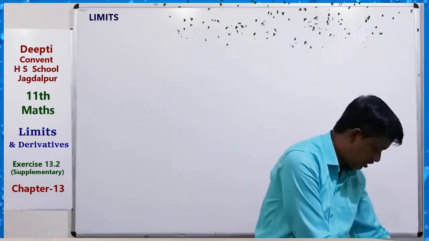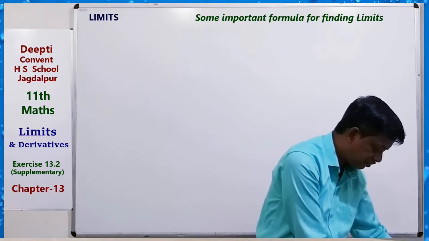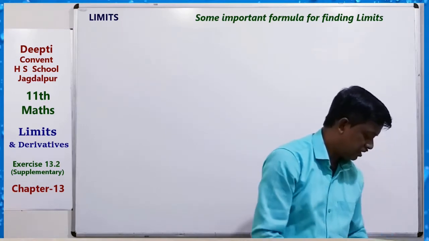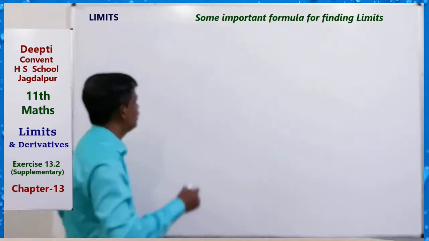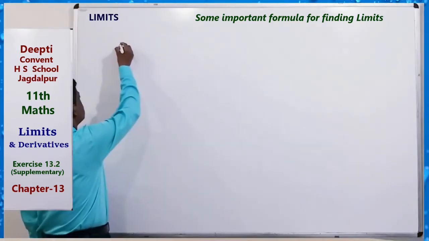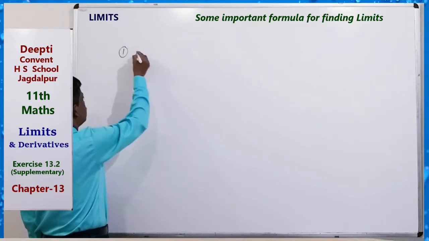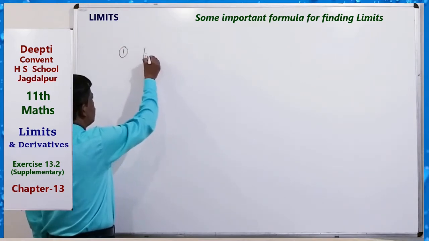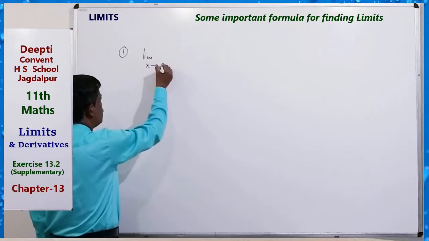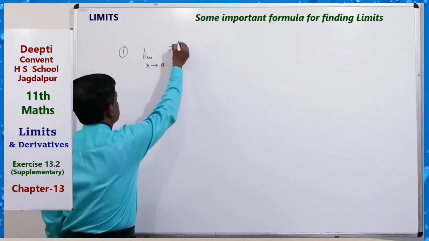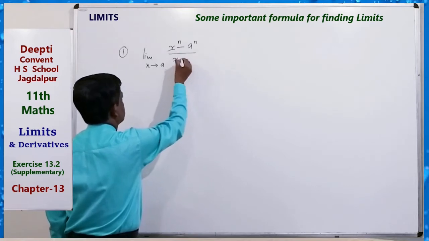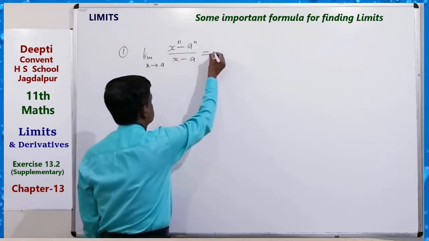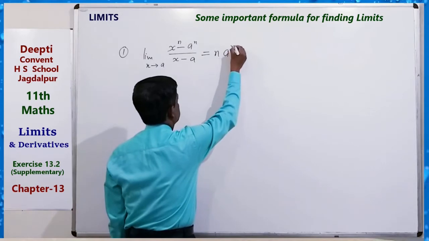So some special formulas are there. Just remember and note down all these formulas. First: the limit as x tends to a of (x to the power n minus a to the power n) upon (x minus a) is equal to n a to the power n minus 1.